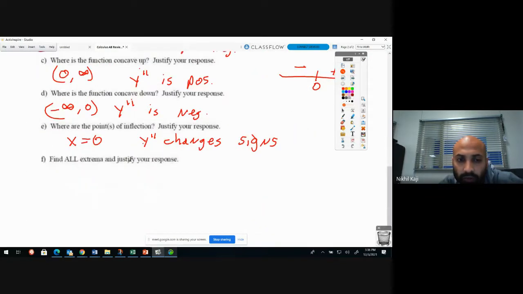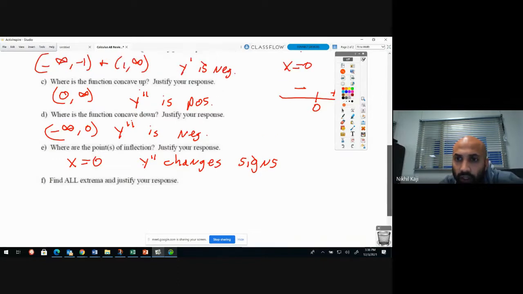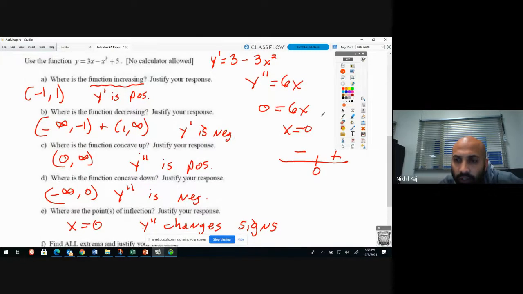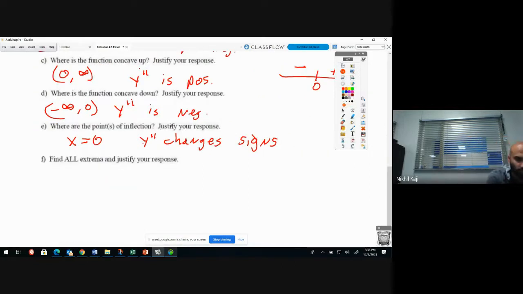Find all extrema and justify your response. That's going back. I erased it. I'm not going to do all that. That was my first derivative, and this is my second. Remember labeling. Be careful. The extrema: relative max.